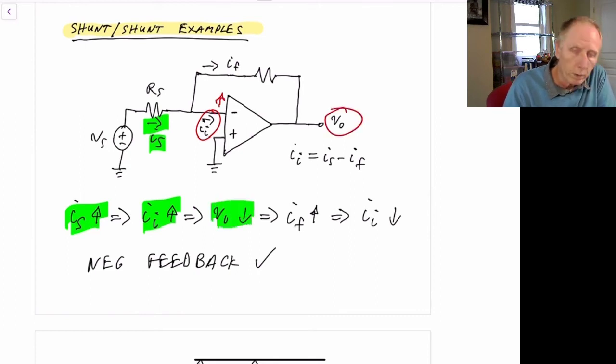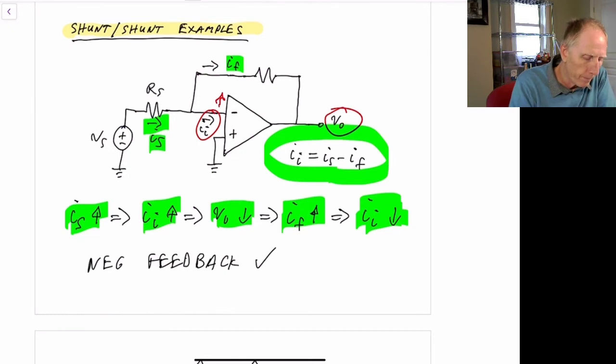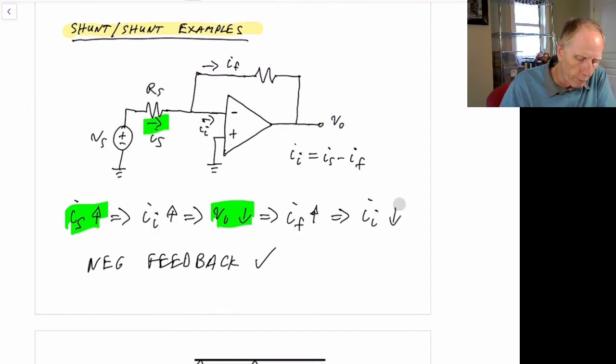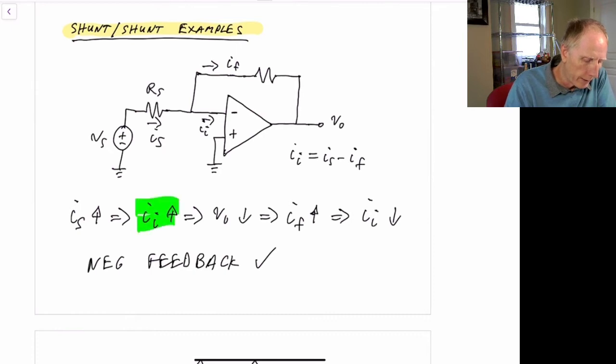So Vout will go down. Vout going down will make I sub f increase. If I sub f increases, that will decrease the error current, which we can see from this equation here. So as before, an increase in the error current results in a decrease in the error current. So we have negative feedback, and that's good.